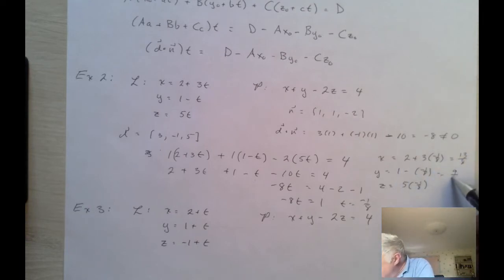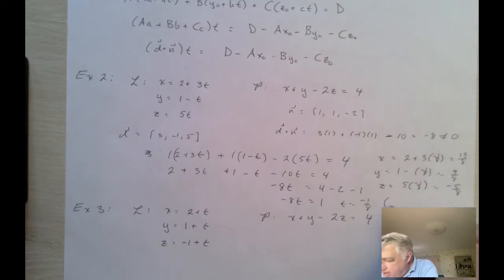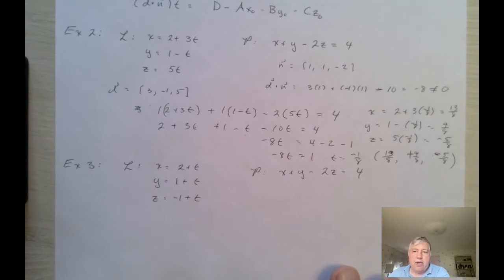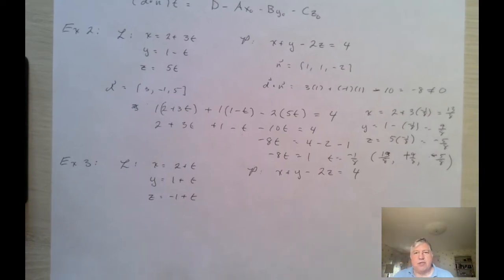This will be 9 eighths, and this will be negative 5 eighths. And so our point is 13 eighths, 9 eighths, and negative 5 eighths. And if you plug this into this equation, that does work.